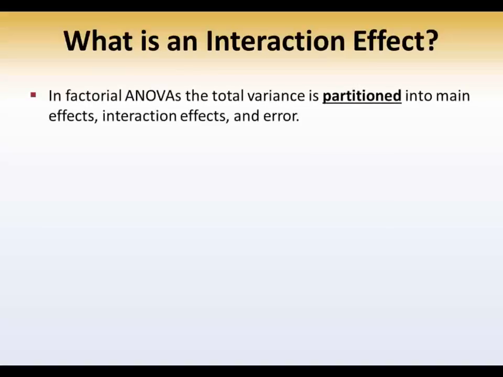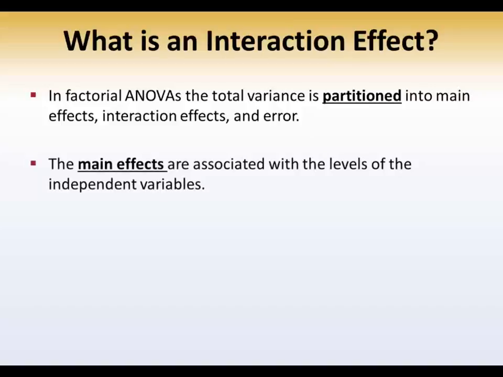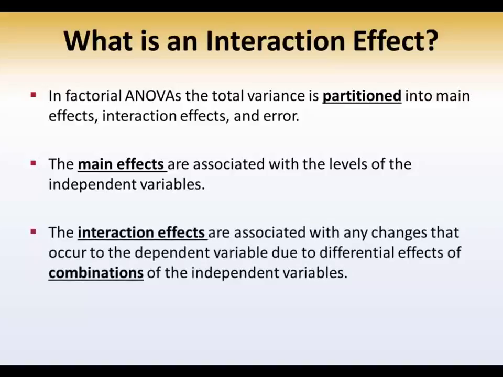In factorial ANOVA, the total variance is partitioned into main effects, interaction effects, and error. The main effects are associated with the levels of the independent variable. The interaction effects are associated with changes that occur to the dependent variable due to effects of combinations of the independent variables.